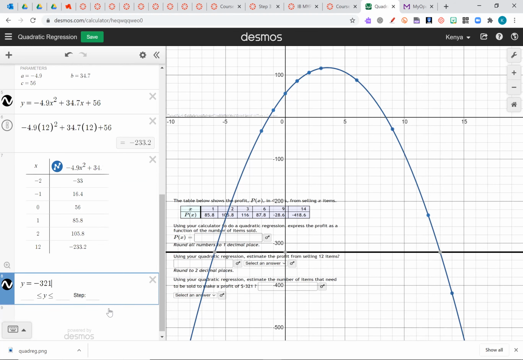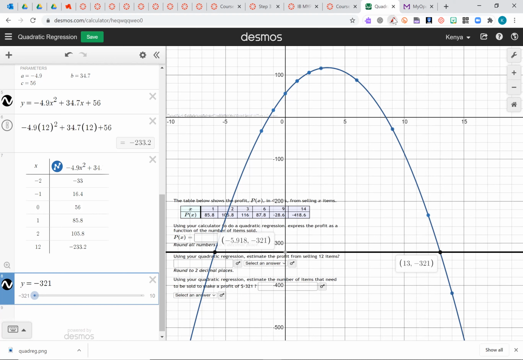I graph that line, negative 321, and then I look for the intersection. Okay, so I see that there are two intersections, here and here. I've got a question. Is it possible to have negative 5.9 items? No. So that means our solution is 13. The answer to that question is 13.